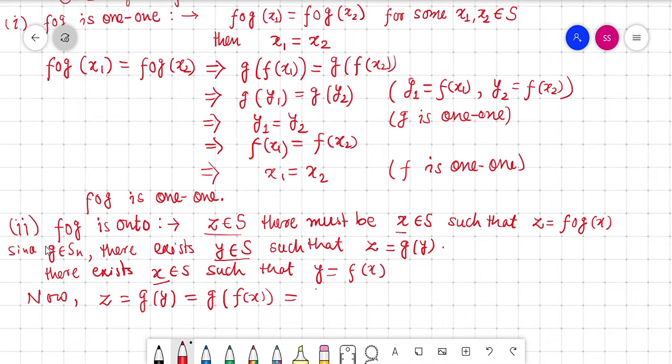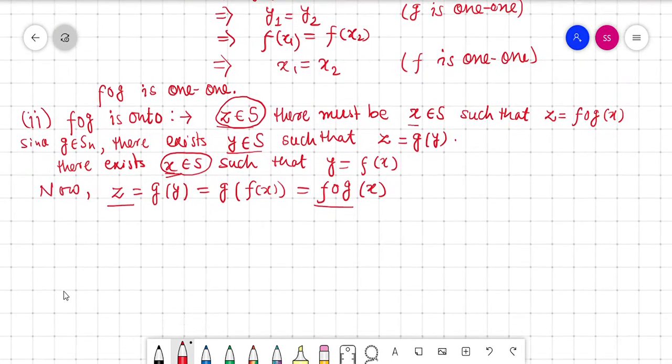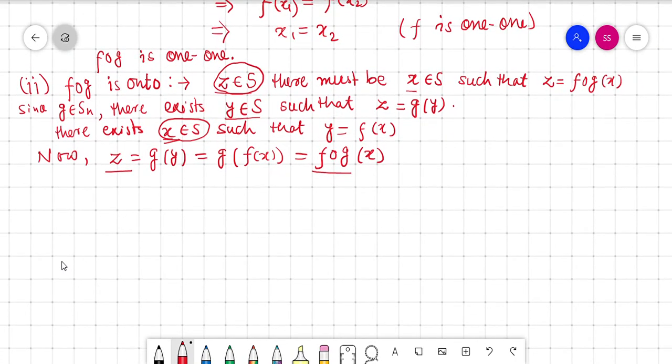By the definition of composition, it is nothing but F composition G of X. So for given Z belonging to S, we can find an X belonging to S such that the image of X under F composition G is Z. So it shows that the mapping F composition G is onto as well.